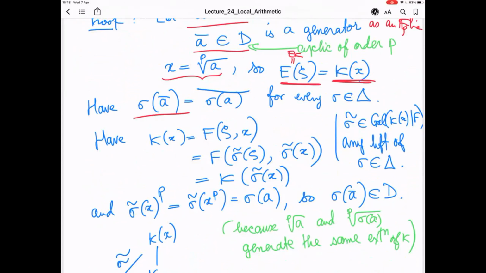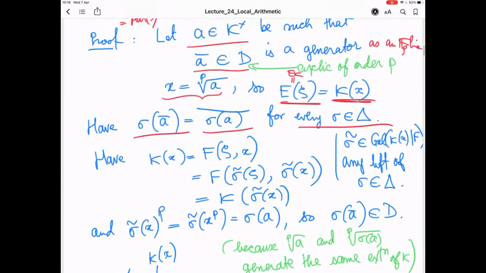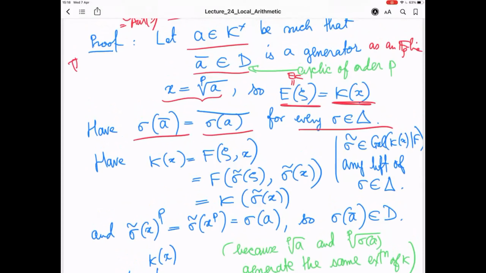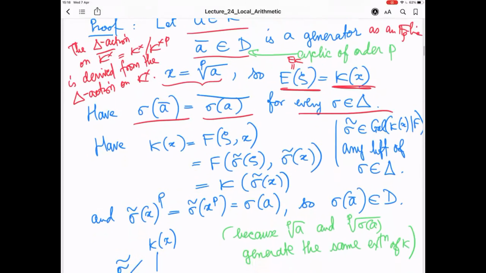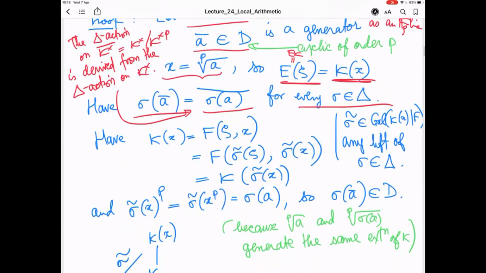That is by definition the delta action on K star bar, which is K star modulo pth powers, derived from the delta action on K star.